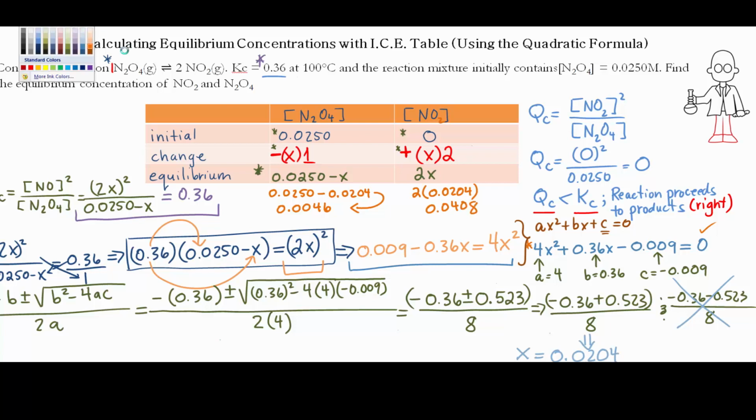So those are my, right here, when I put my change back into the ICE table at equilibrium, these are my equilibrium concentrations.